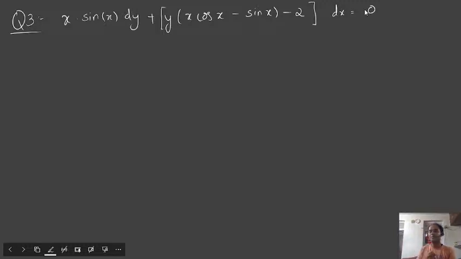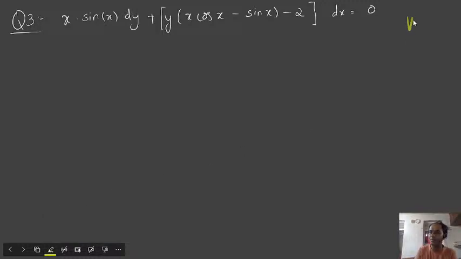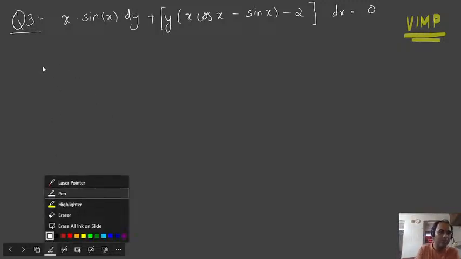Now this is a very very important question. Please mark this important, because it has a certain different thing coming into the picture. Now let us see how to handle this again. First we will write down the differential equation.